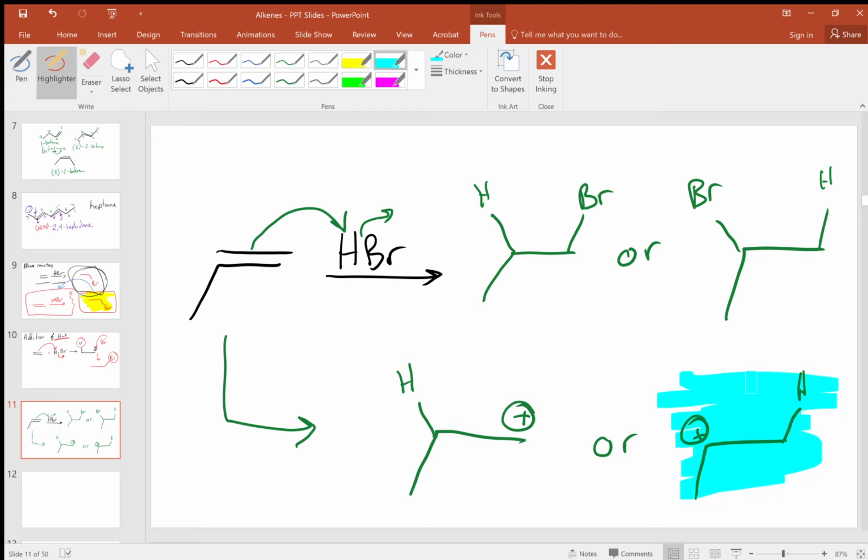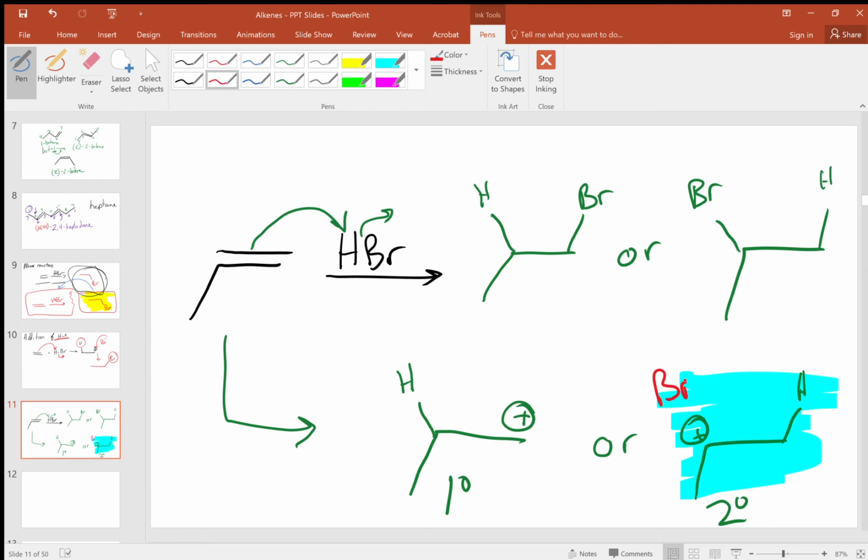Why is this one better? Well, this is a secondary cation, whereas this one's a tertiary. And so in many cases, if we have a more stable intermediate, that means that intermediate's going to form more easily.